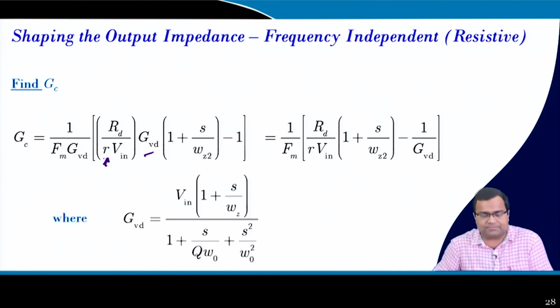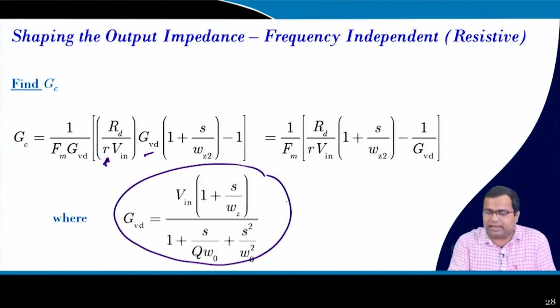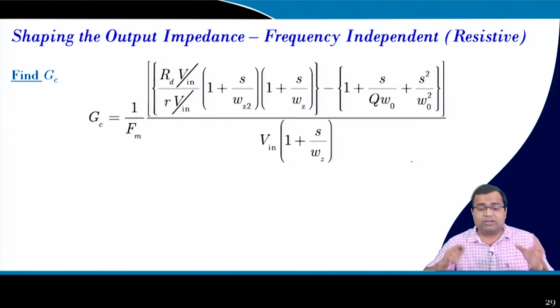If you substitute GVD and this expression into this one, then you will get a numerator polynomial and a denominator polynomial.